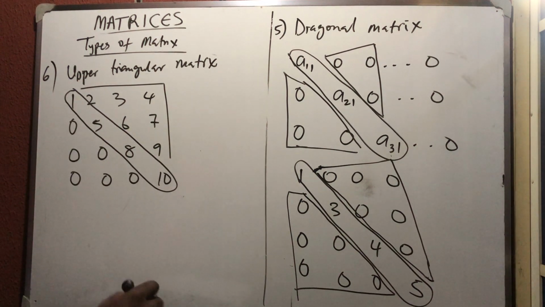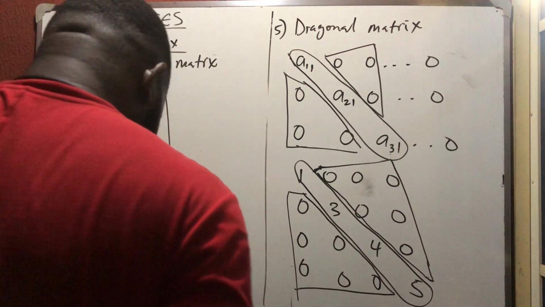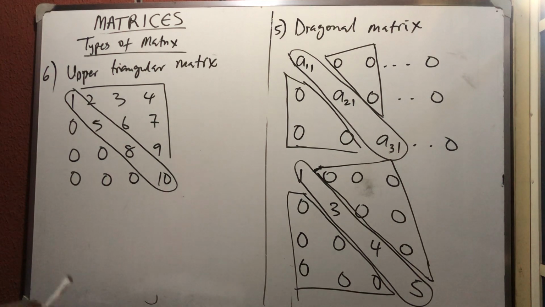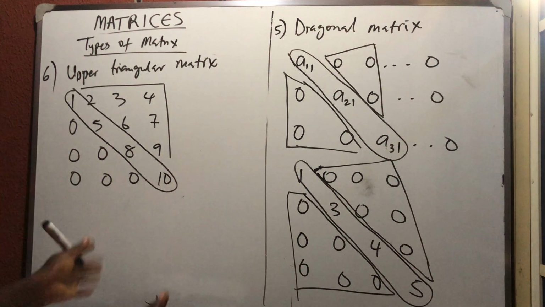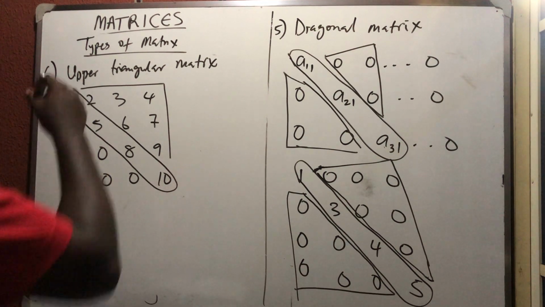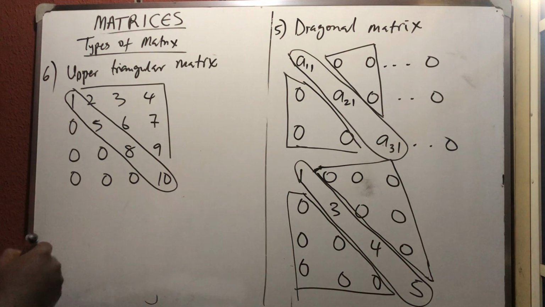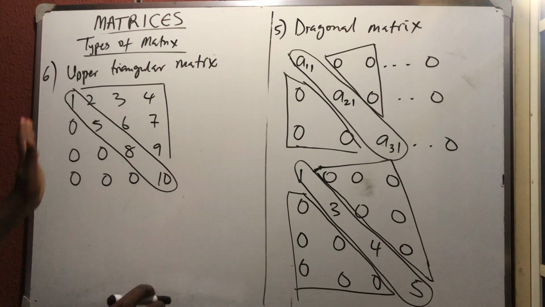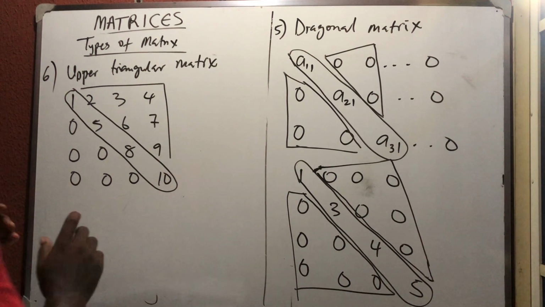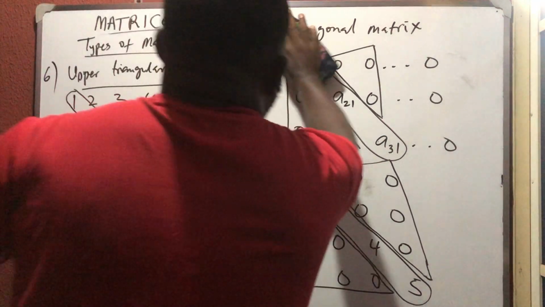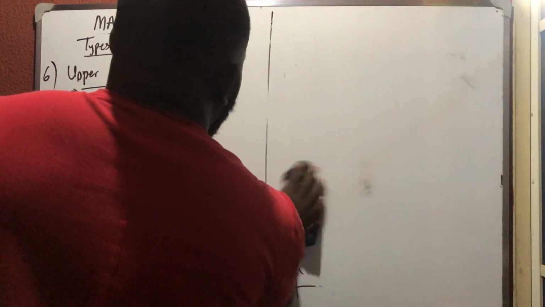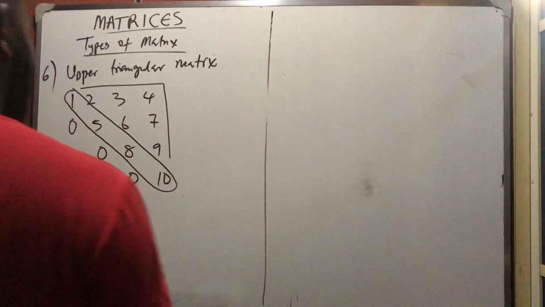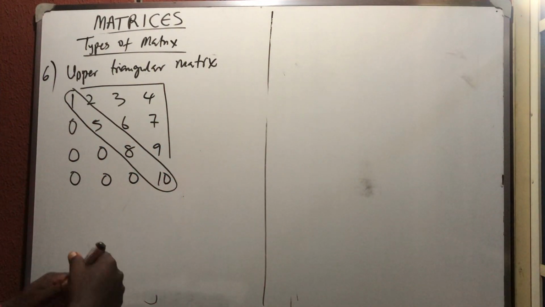So only the lower triangle will be 0. In an upper triangular matrix, it must be a square matrix, and the lower triangular entries must be 0. So just note that.